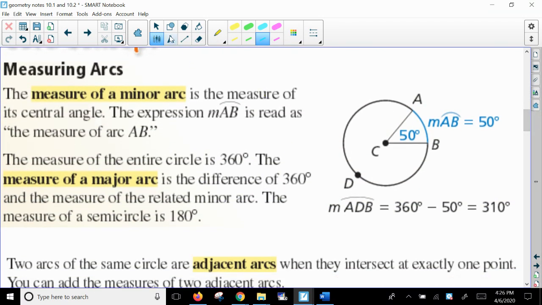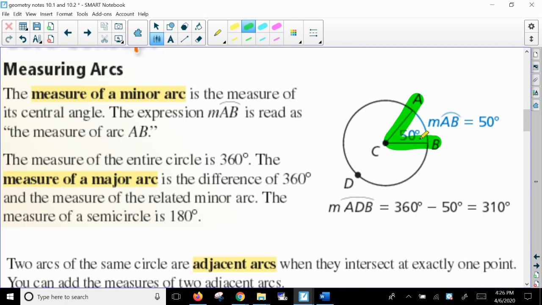Measure of a minor arc. So this part is easy breezy. By the way, anytime you see M, and that's the little arc symbol, that means measure of arc AB. Okay? The minor arc is the same as whatever the central angle is. Now, let me be a little more specific here. Here's my central angle. Angle ACB is my central angle. It's 50 degrees. You can see that in the diagram.